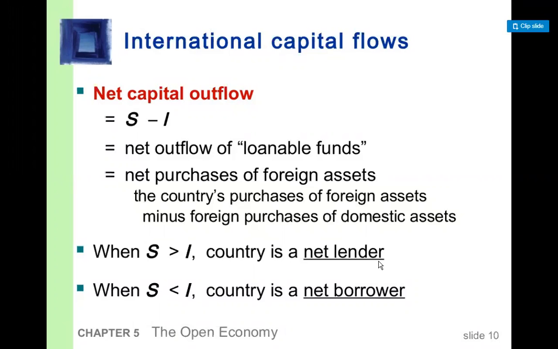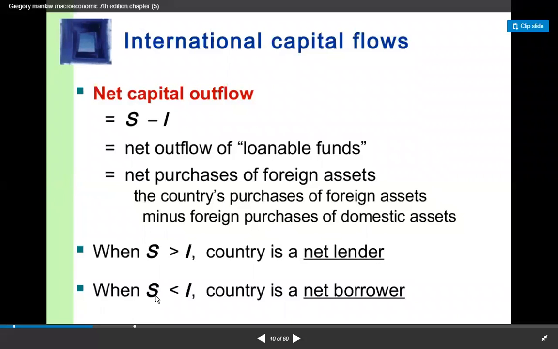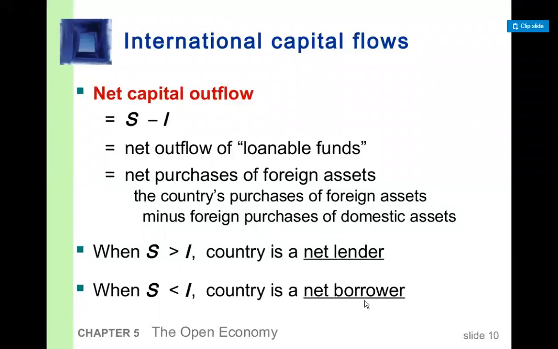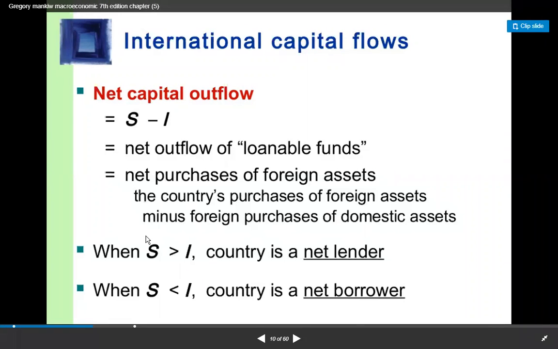If supply of loanable funds is less than demand for loanable funds, then borrowing ज़्यादा, lending कम कर रहा है. Then net decision क्या होगा, country is a net borrower. दोबारा से बता दूं, when supply of loanable funds is greater than demand for loanable funds, पाकिस्तान lending ज़्यादा कर रहा है, borrowing कम कर रहा है.